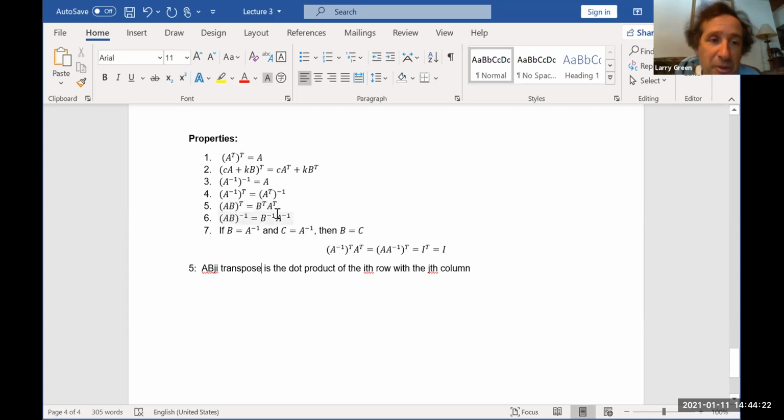But what is B transpose times A transpose? Well, when you're multiplying, that means you're going to take the ith row of B transpose with the jth column of A transpose. But rows become columns when you do a transpose. And then it works. So we're going to take the jth row of B with the ith column of A, because you got to switch I and J, and then it works.